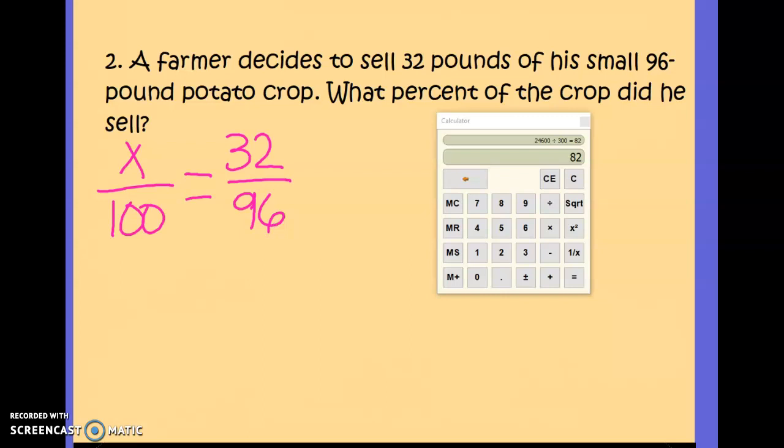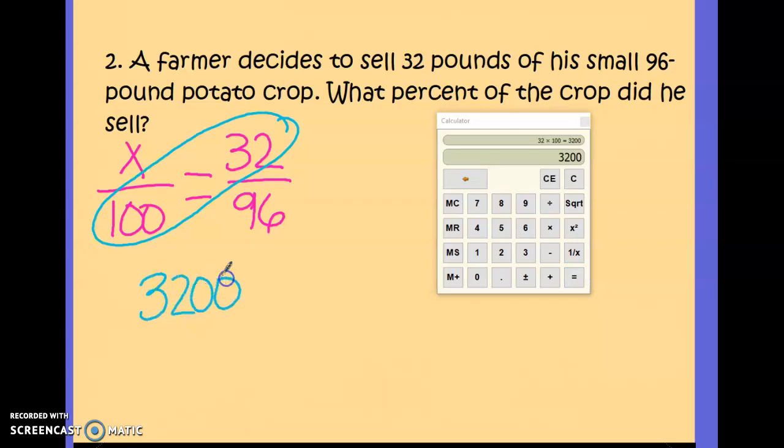Then we cross multiply, 32 times 100, which gives us 3,200. And then we're going to divide by 96. 3,200 divided by 96 is going to give us our percent.